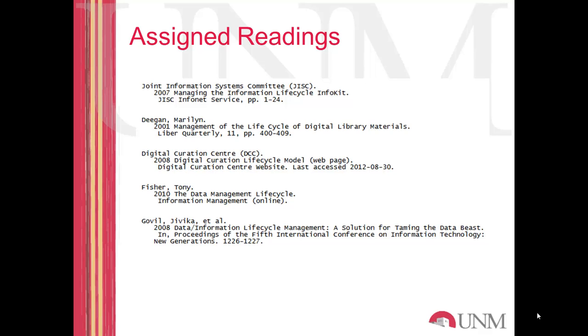After page 24, the info kit moves on to show how the lifecycle management process can be used for managing email and I believe also managing records. I would like you to take a look at the back section of the document just to familiarize yourself with it, but you really need to study pages 1 through 24.